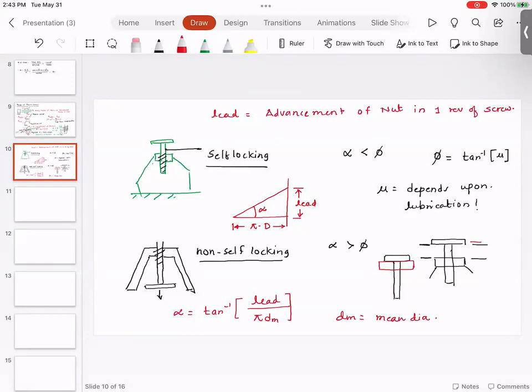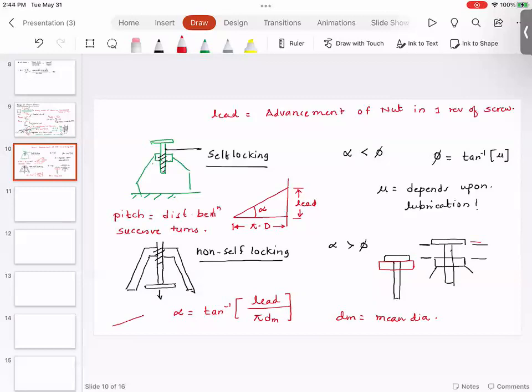Now, another thing that I want to talk about is the concept of pitch. So if you look at the screw, pitch is the distance between successive turns.